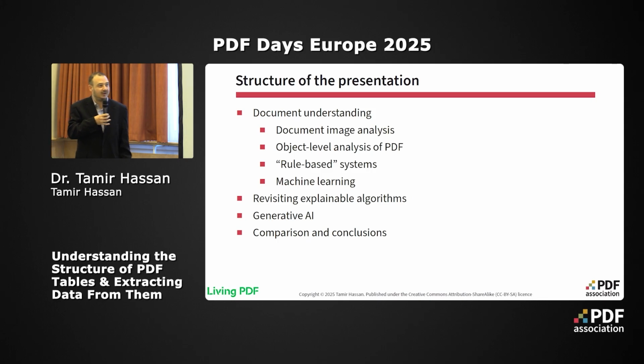I'm not the only one working on explainable algorithms, but I believe that, in today's AI world, where we really don't know what machines are doing, they have an important part to play. And then I'll briefly look at using generative AI as well to extract data from tables, and summarize with a comparison and conclusions.